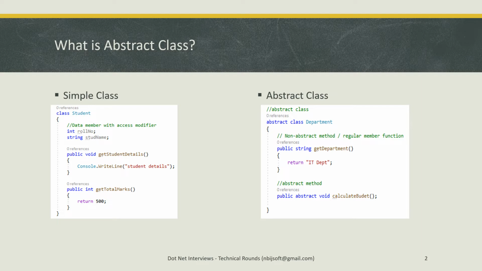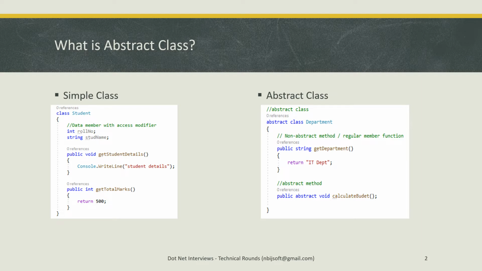But when we observe the abstract class example, going line by line, it is a class, but we put the abstract keyword before the class, meaning we are creating an abstract class. For example, abstract class department, where we have one non-abstract method. Why? Because it doesn't have the abstract keyword and it is fully implemented, with a full body.